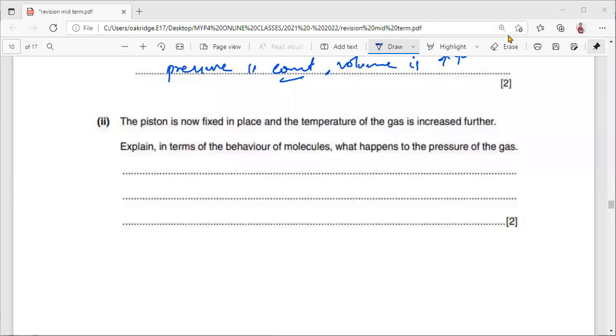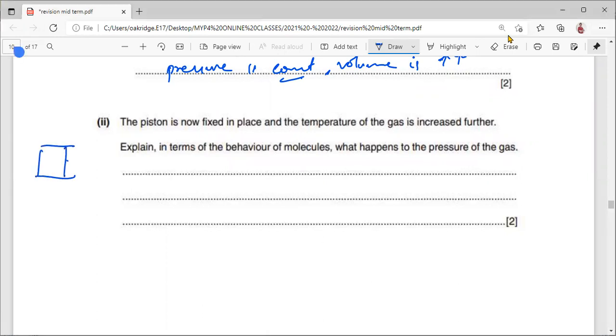I'm back. The piston is now fixed in space and the temperature of the gas is increased further. Now this is my piston and I'm going to stop it, so I'm not going to let it move further. It's fixed in space. The temperature of the gas is increased. Explain in terms of the behavior of the molecules what happens to the pressure of the gas.